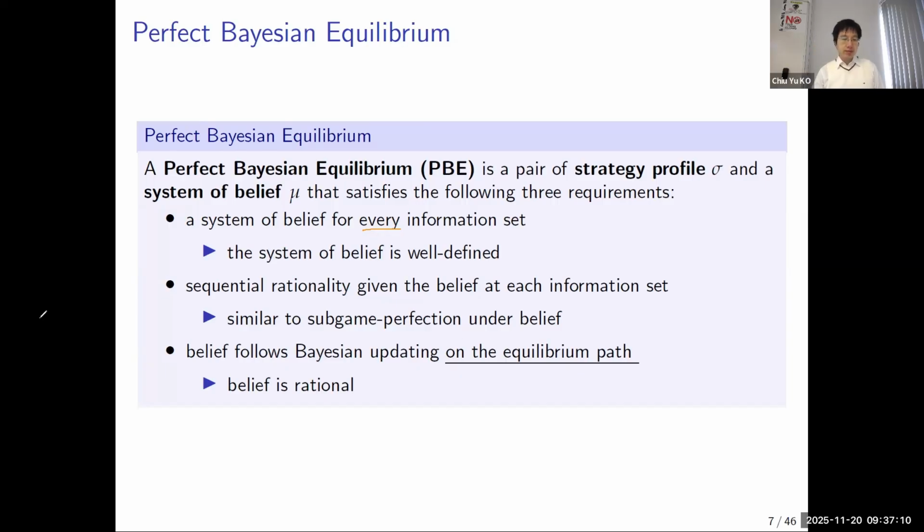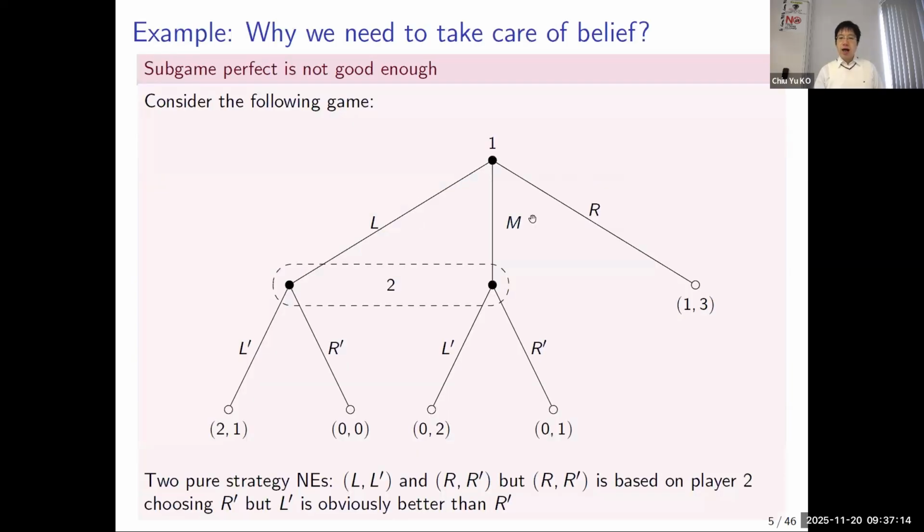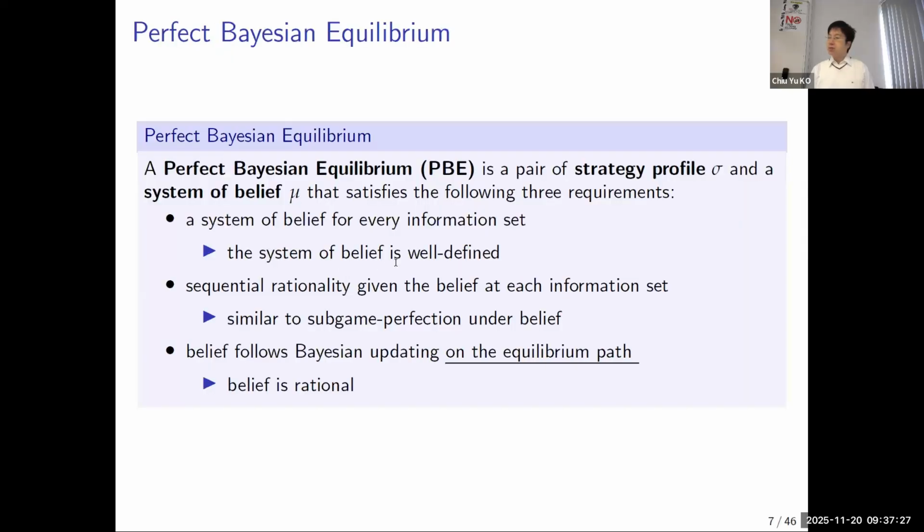That is exactly what you see in the example: the R prime equilibrium doesn't tell you whether you're at L or M, but in that case you still have to put a belief over there. So that is a very important part. Although it's simple once you know it, it's not trivial.